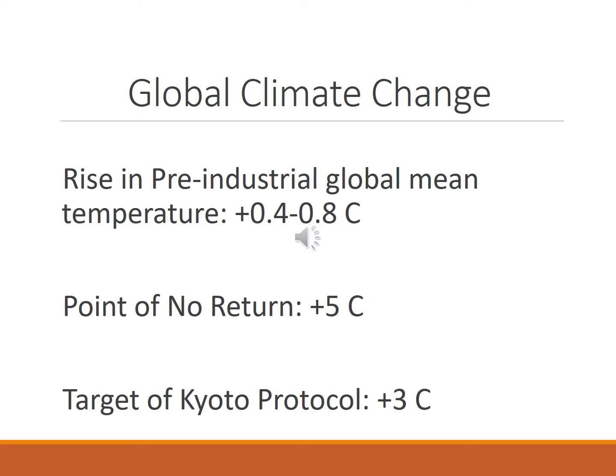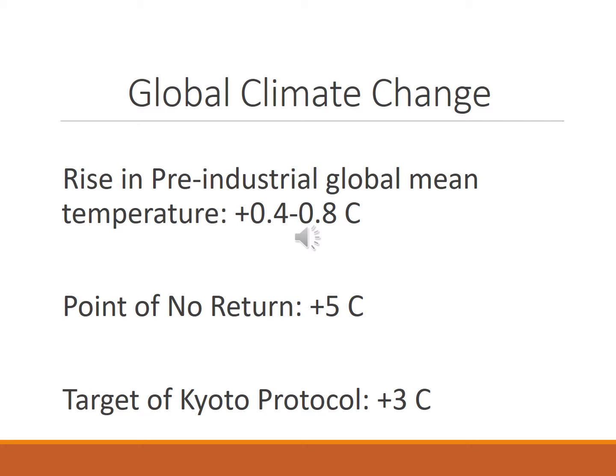The problem is that scientists tell us at 5 degrees Celsius increase over pre-industrial global mean, we reach a point of no return, in that the damage done by the increase in global temperature will be irreversible, and that we won't be able to adjust or make any kind of changes in our behaviors to undo the damage.